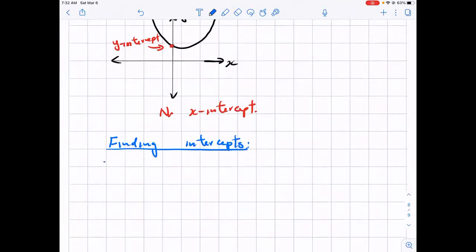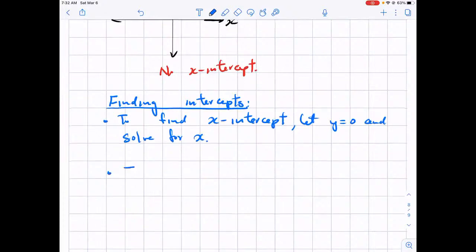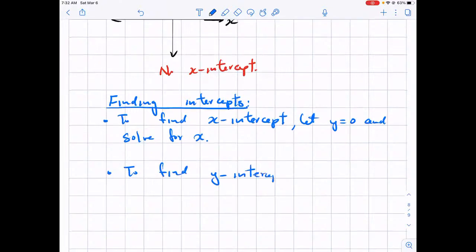So to find x-intercept, let y equals 0 and solve for x. Okay. And to find y-intercept, let x equals 0 and solve for y. So those are the two conditions.